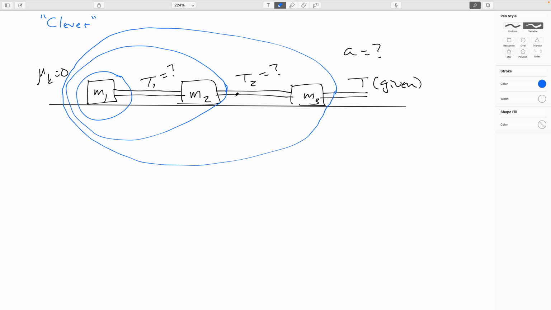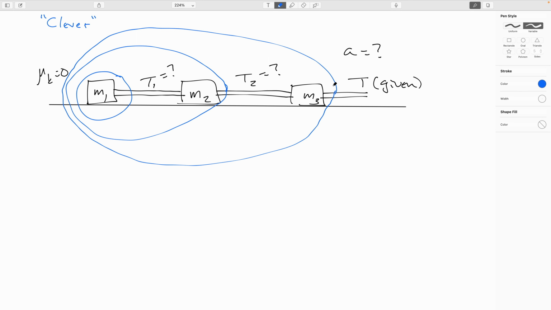It just pulls. It doesn't know. All it knows is it's hooked up to this piece right here. It doesn't know how this is all laid out. So we can take M1 and M2 and our massless rope combined as a system. And then I can do this again with the whole thing, M1, M2, M3 combined as an entire system.